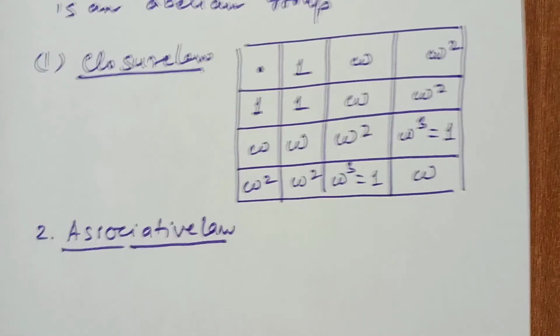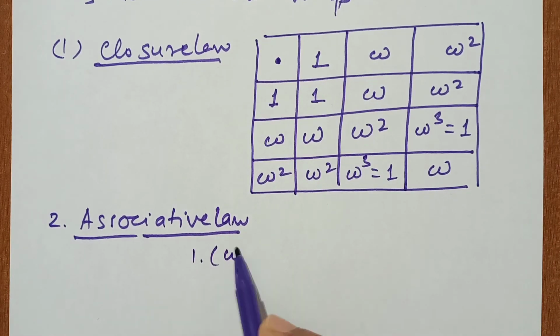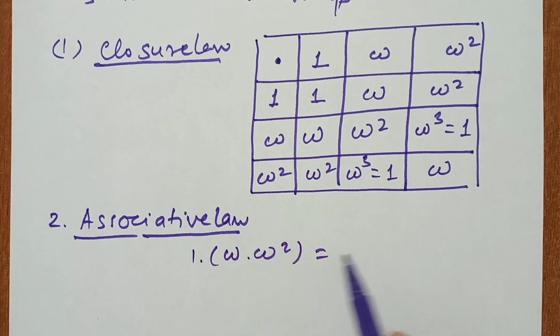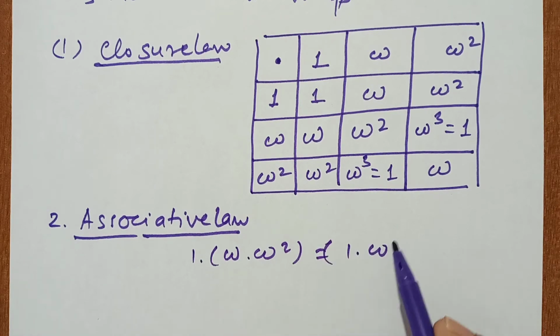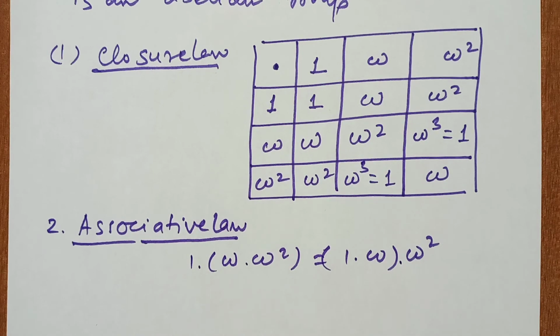So you write (1 · ω) · ω² = 1 · (ω · ω²), because (a · b) · c = a · (b · c). This is omega cube, equal to 1, and this is also omega cube, equal to 1. So this is very easy.